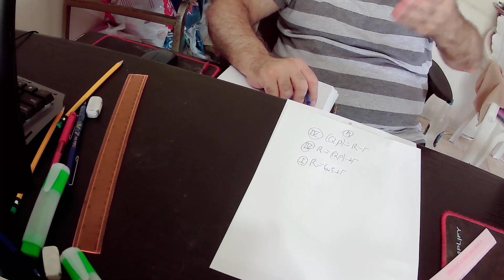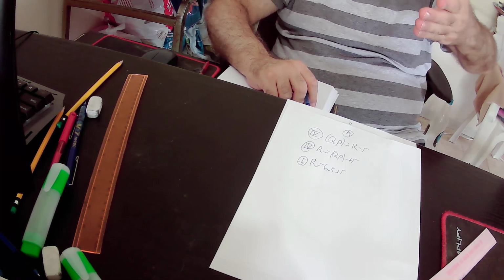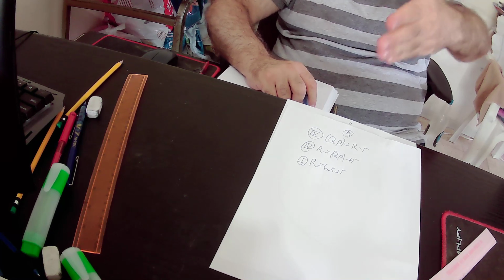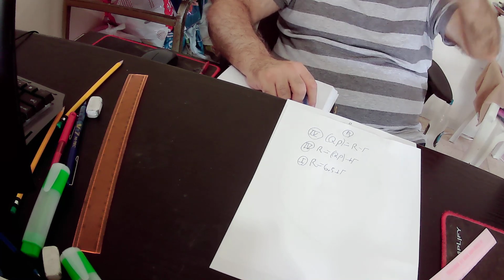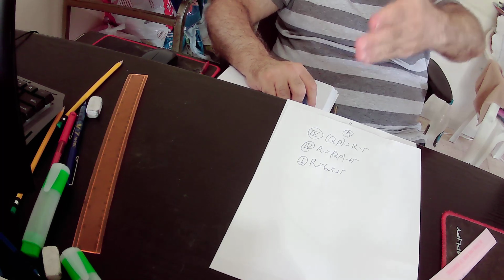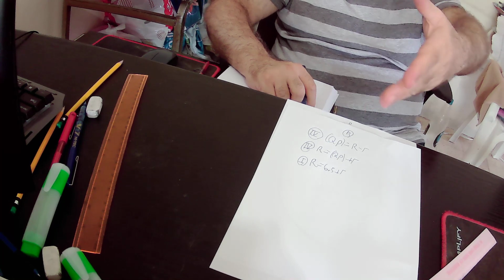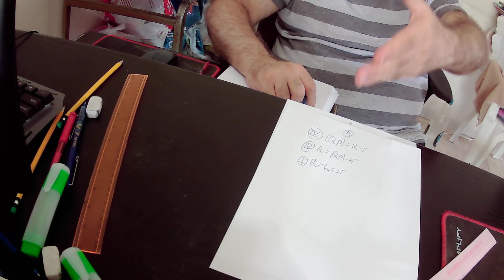So of course, they are equal to each other, so we can create equation number 5 that states that capital R according to equation number 1 equals capital R according to equation number 4. It is the same radius.